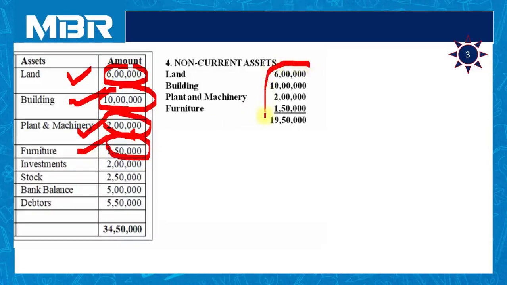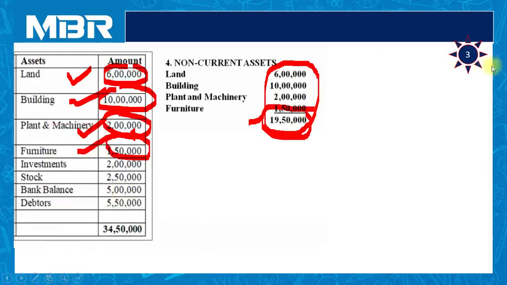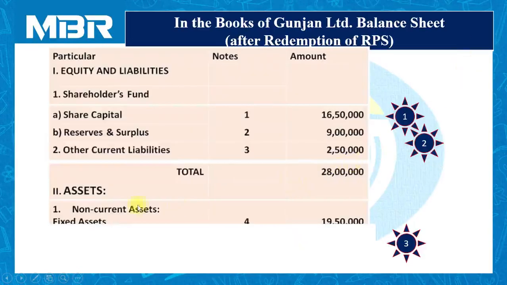So total non-current asset, or say fixed asset, is rupees 19,50,000. We have to insert total fixed assets on the asset part of the balance sheet. Fixed assets number 4, 19,50,000.